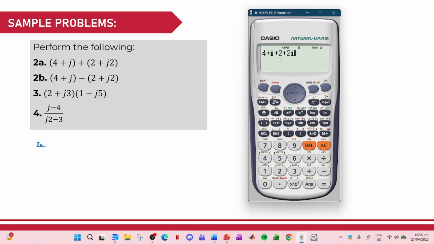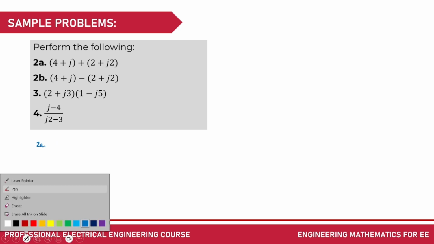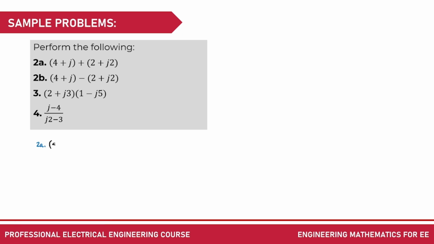Let's say we have 4 plus j plus 2 plus j2. Of course, the answer is 6 plus j3. The reason why I showed you the formula is because you need to know the foundation behind it.